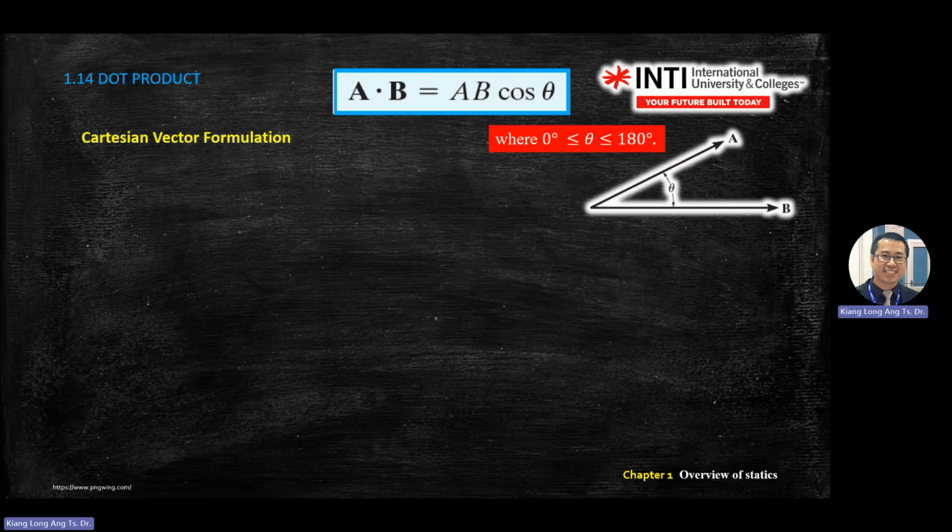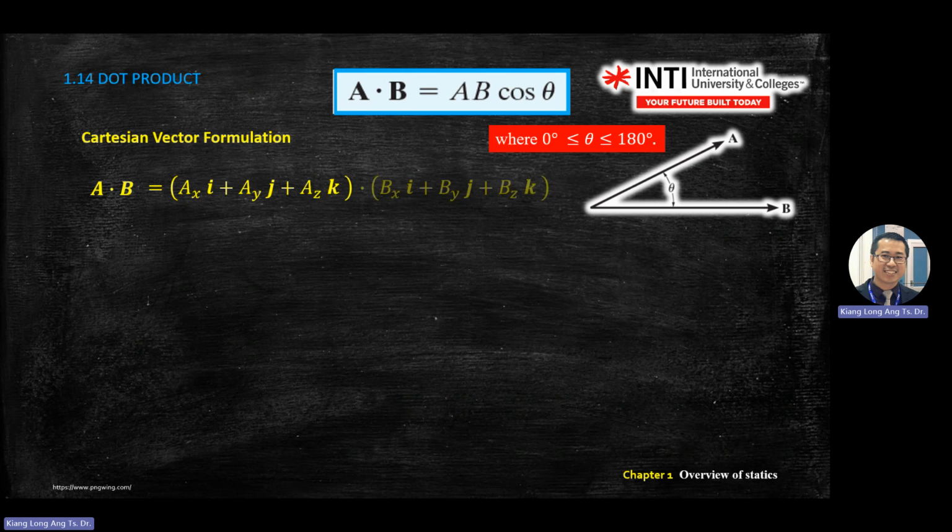So again, if the question forces you to use Cartesian vector analysis, like what we discussed in the previous lecture, a vector you can write in three dimensions: A equals Ax i plus Ay j plus Az k. A vector has magnitude and direction. So you have x direction, y direction, z direction with the unit vectors i, j, and k.